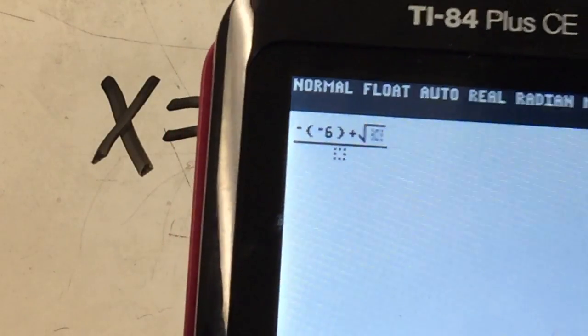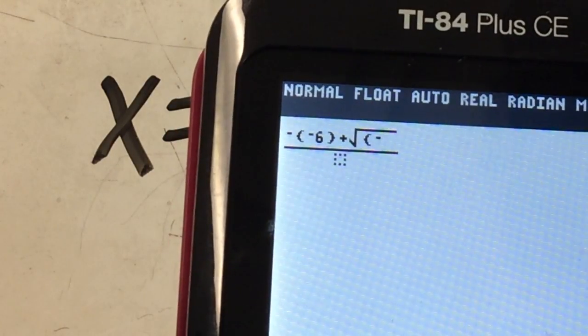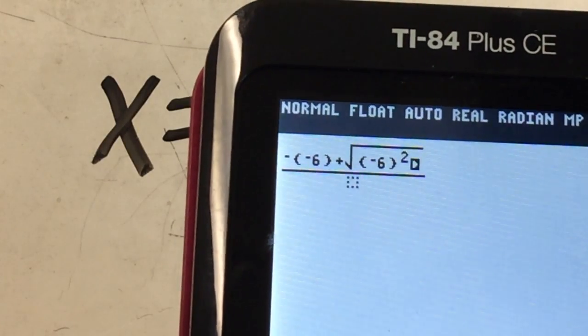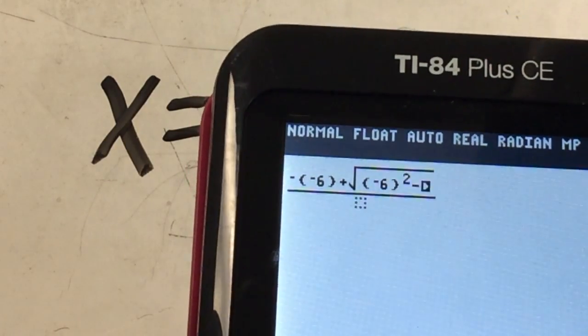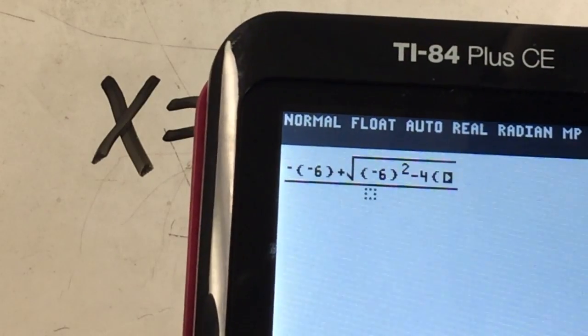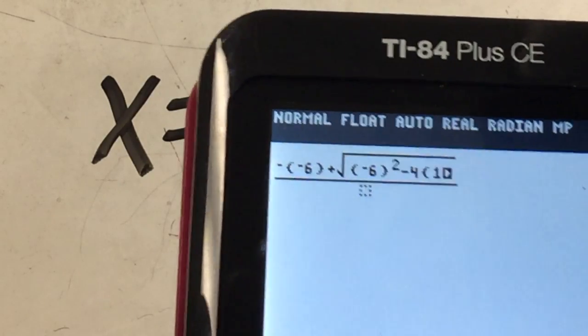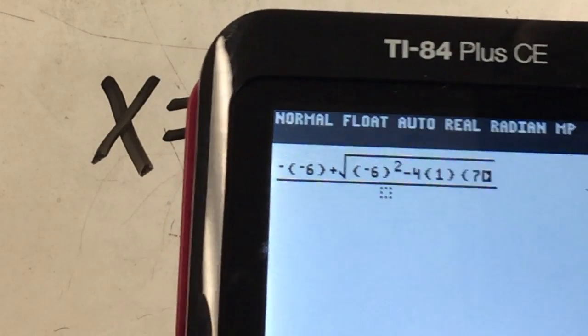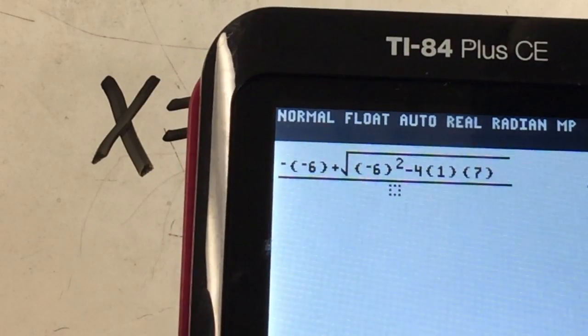of negative 6 squared minus 4 parentheses 1 close parentheses open parentheses 7 close parentheses.